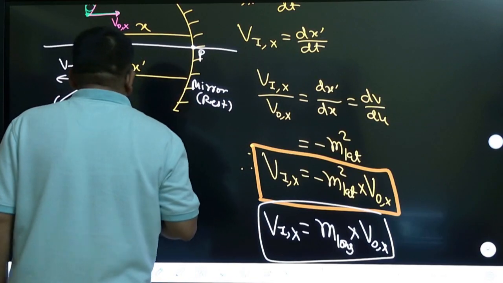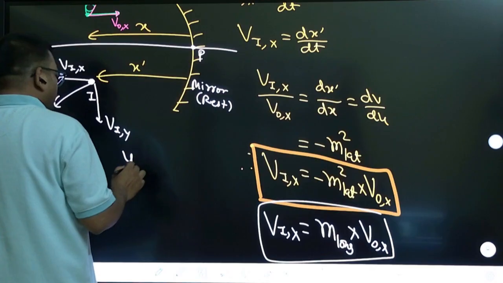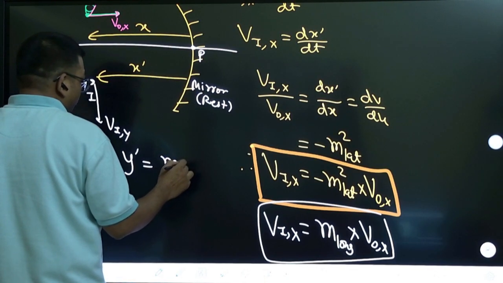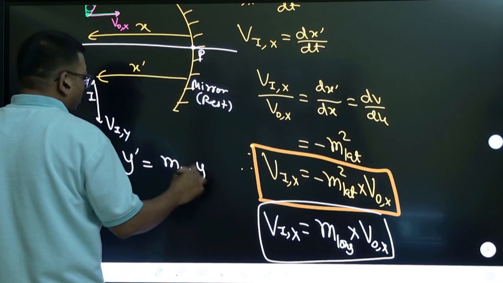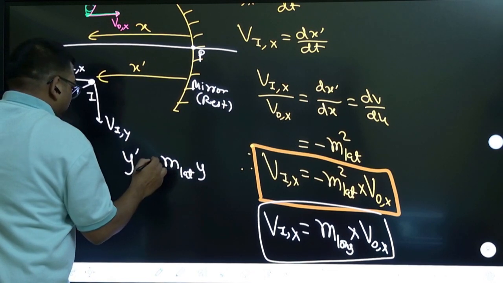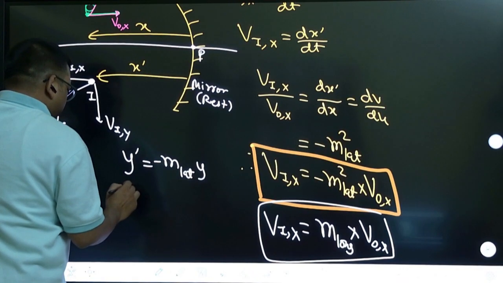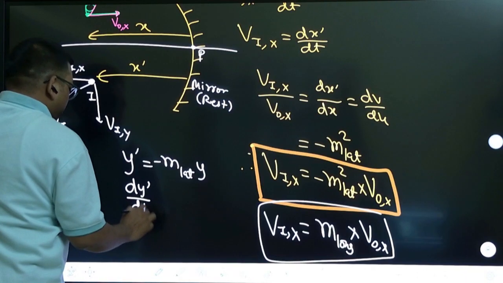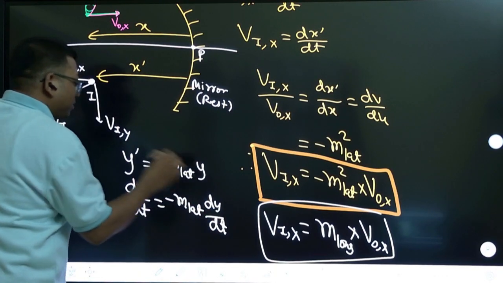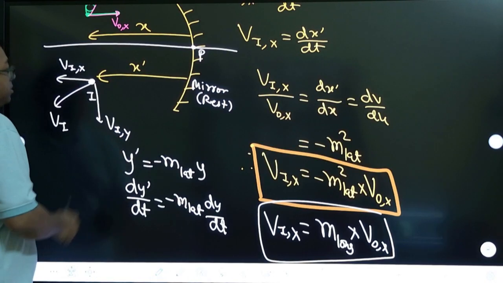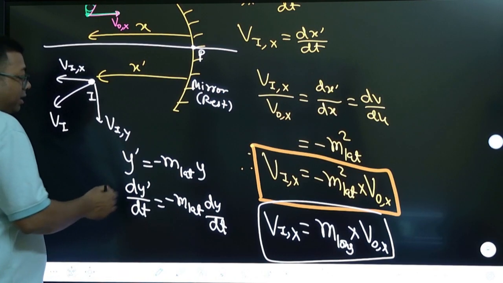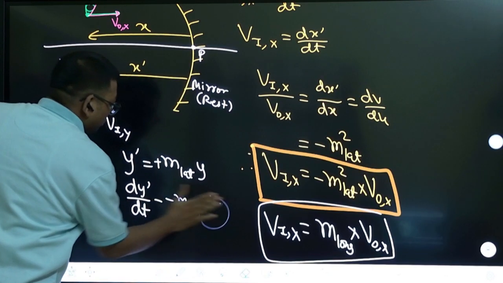What about the perpendicular direction? Along the perpendicular direction, y dash by y is m lateral, and of course a minus sign can come, so you write it with the proper sign. You can differentiate it: dy dash by dt is equal to minus m lateral times dy by dt. Because one is above and one is below, the minus sign is used.